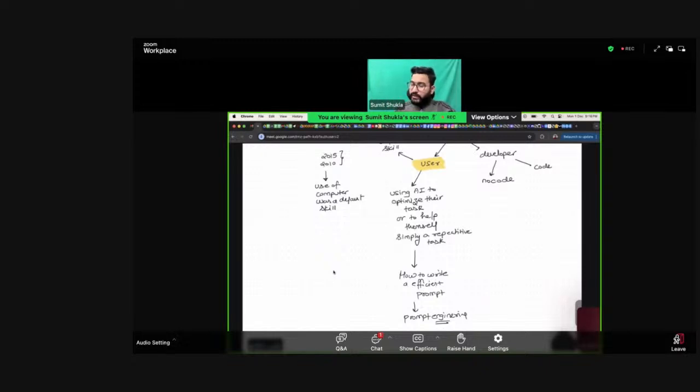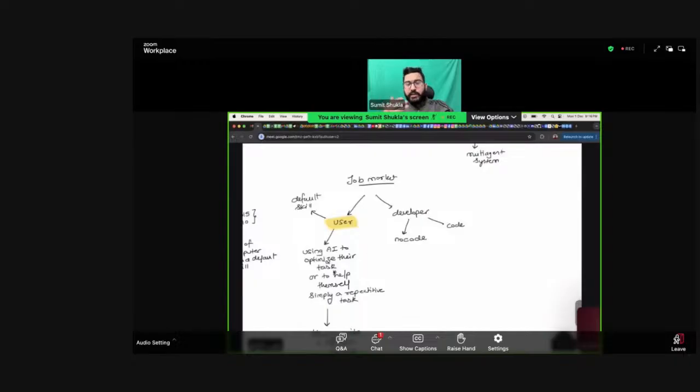If I look at another section, which is the developer section, these are people who are creating solutions on top of AI, using the power of AI. For example, I want to create an agentic system which can automatically book flights for me, and I want to deploy it on my website.